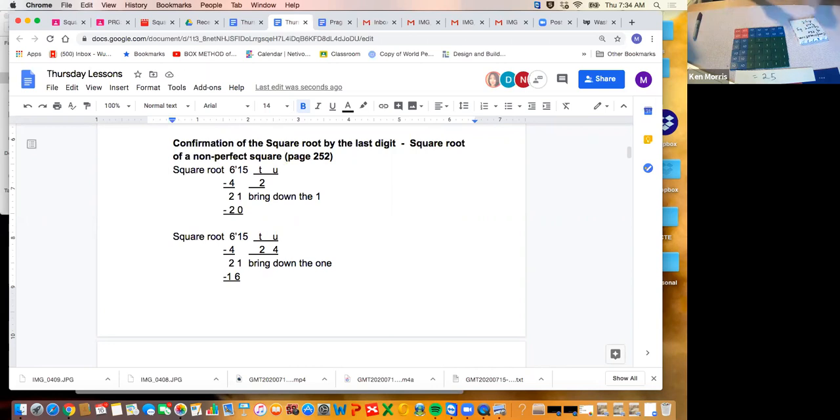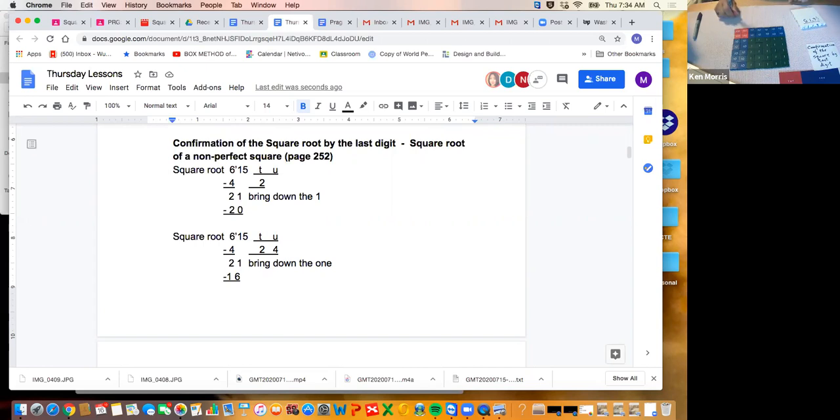We said that was a perfect square. We're now going to take a look at the square root of 615, and it's going to become obvious as we do this that we don't have a perfect square.